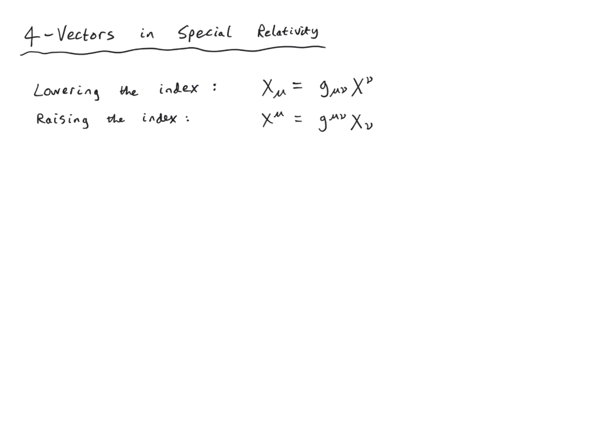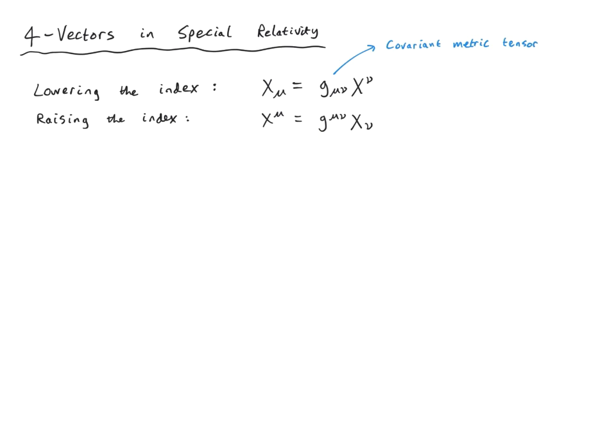So we've just seen that if we have the contravariant 4-vector for position, x nu, then we can lower the index and obtain a covariant 4-vector x mu by doing this contraction, where the Einstein summation convention over the Greek letter nu here is implied.